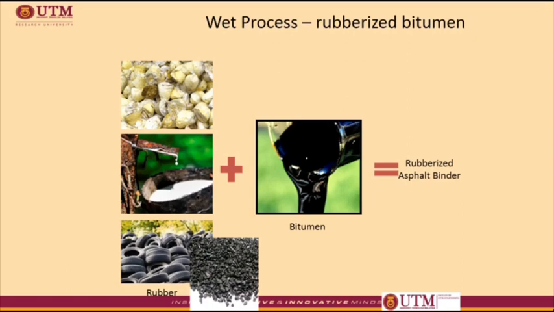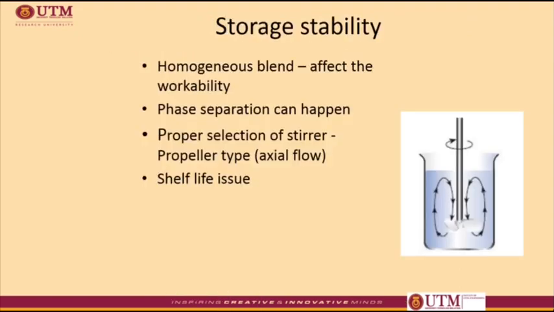So, under the wet process, different types of rubber can be mixed with the asphalt binder and improve its properties. However, there is an issue related to the wet process, which is referred to as the storage stability issue.